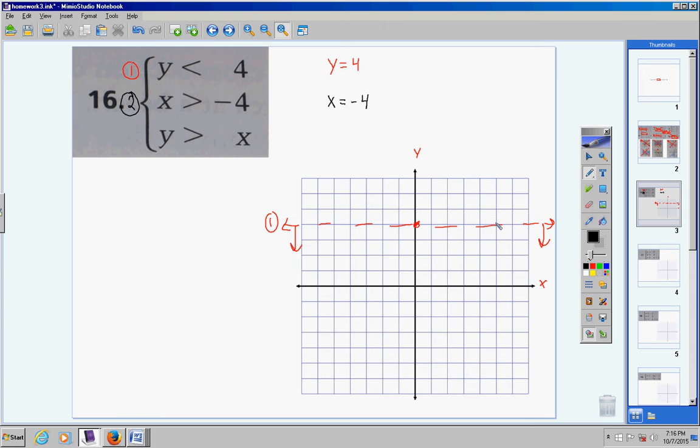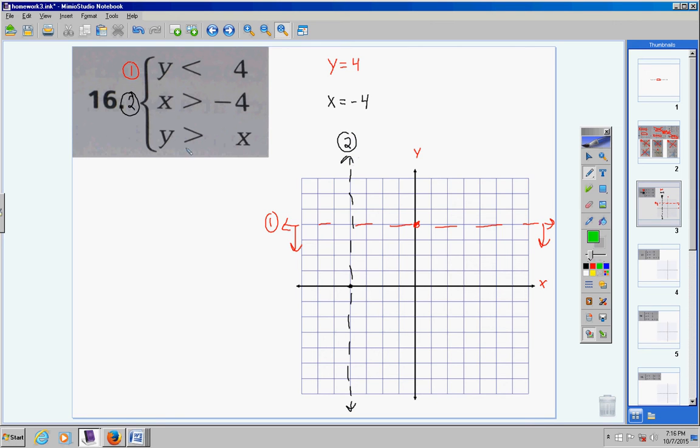It crosses the y-axis. If I have an inequality with only an x in it, it's a vertical line crossing the x-axis. In this case, it'll cross the x-axis at negative 4, right here, and it will be a dotted line. We'll call that line number 2.